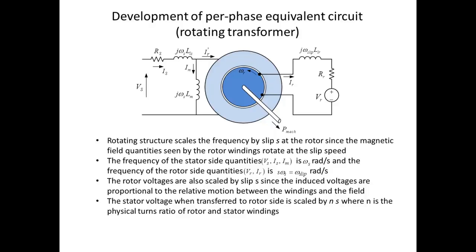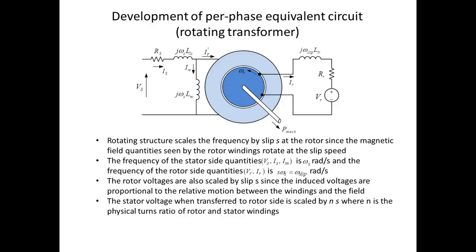In the case of the rotor windings, they are themselves rotating at omega r. The magnetic field created by the stator is rotating at omega s. Therefore the relative velocity depends on the difference, omega s minus omega r, or the omega slip. So therefore the rotor voltages are proportional to omega slip, versus the stator voltages being proportional to omega s.